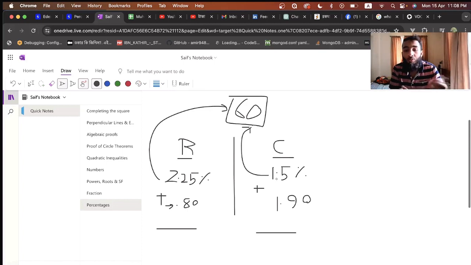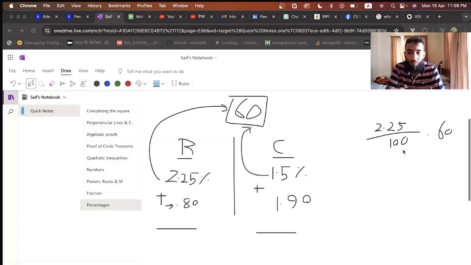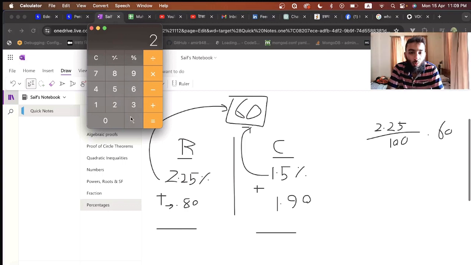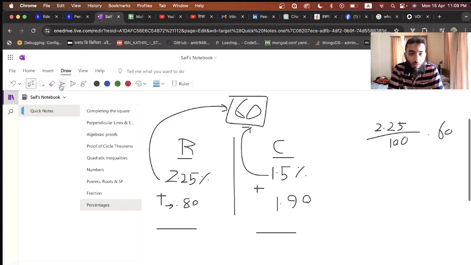So 2.25% means 2.25 by 100 multiplied by 60. Using my calculator, 2.25 divided by 100 multiplied by 60 gives 1.35.